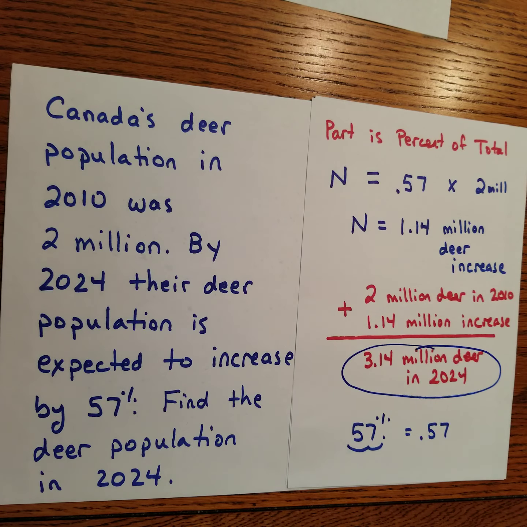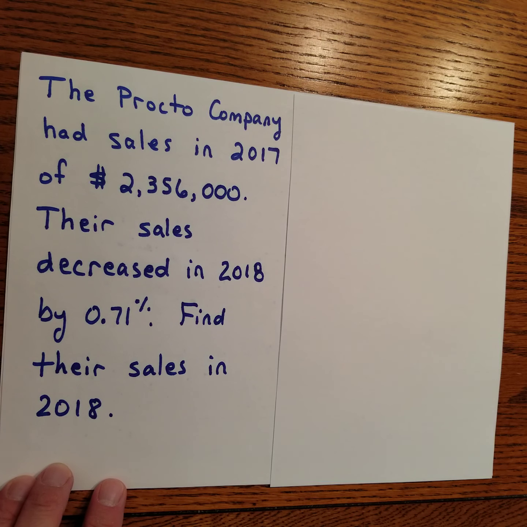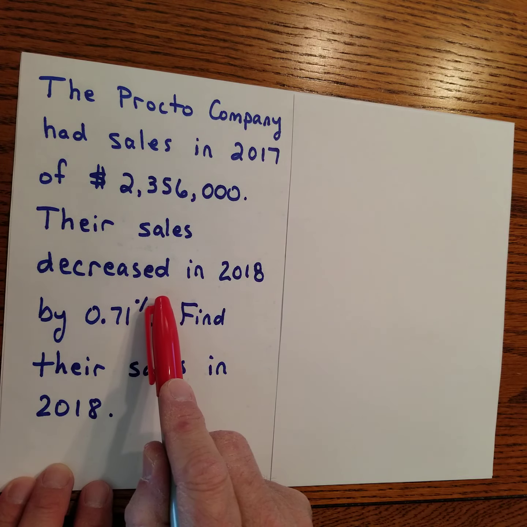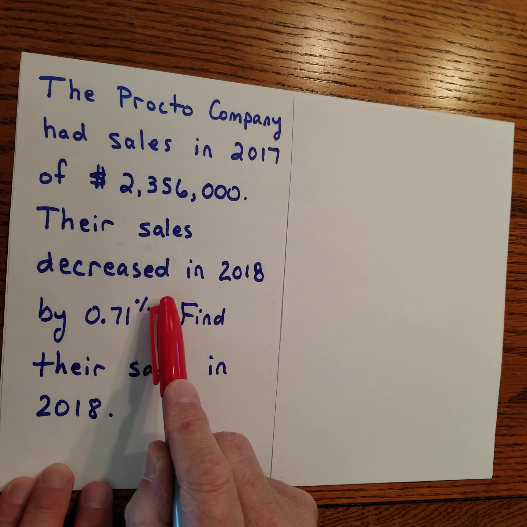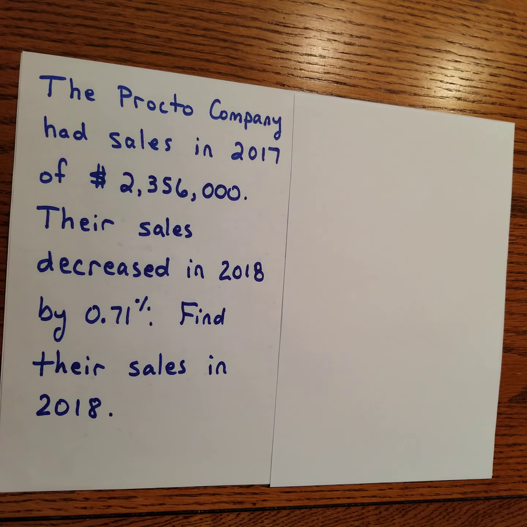This final problem again has the word decreased. So be thinking two steps. When it's decreased, you go down. You'll subtract for your second step. If it's increased, you're going up. You'll add for your second step. Pause the video, read this problem through carefully, then turn the video back on and we'll work it together.